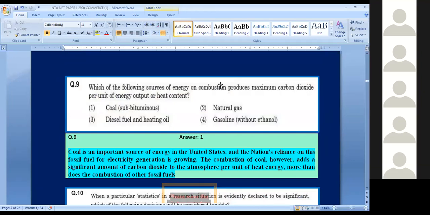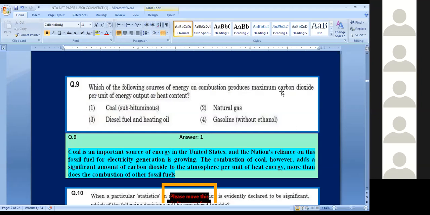Which of the following sources of energy in combustion produces maximum carbon dioxide per unit of energy output or heat content? And always you can see people and environment questions are like this. Okay. There are 4 options given.